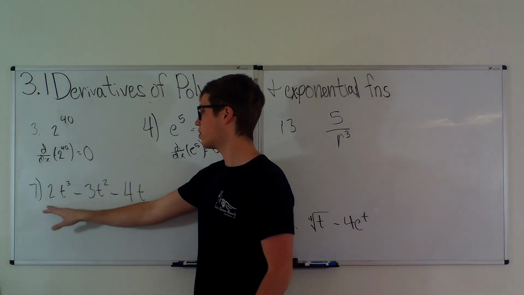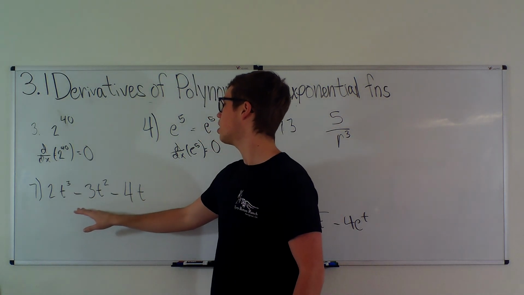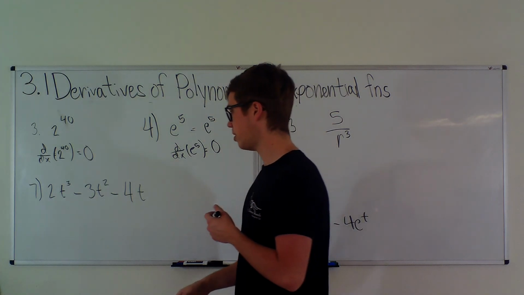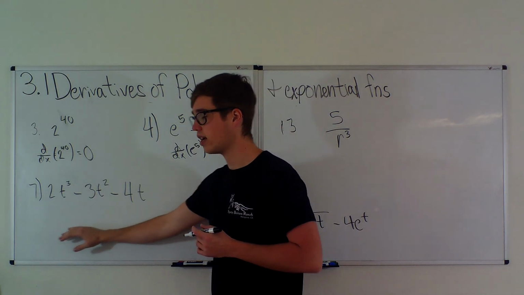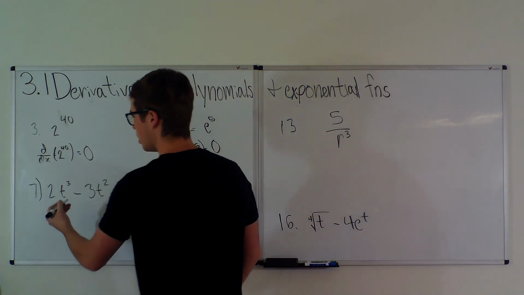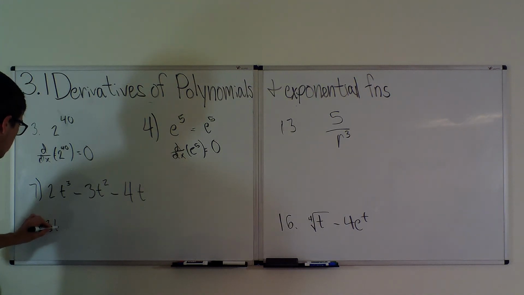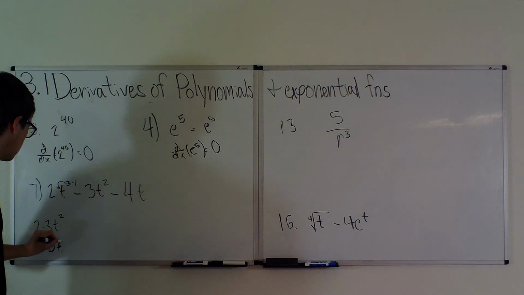So we have 2t cubed minus 3t squared minus 4t. Remember, from the difference rule, you can do each term one at a time. Let's start with 2t cubed. We have 2 times 3t, because you bring the 3 in front, and then minus 1 squared, which is 6t squared.